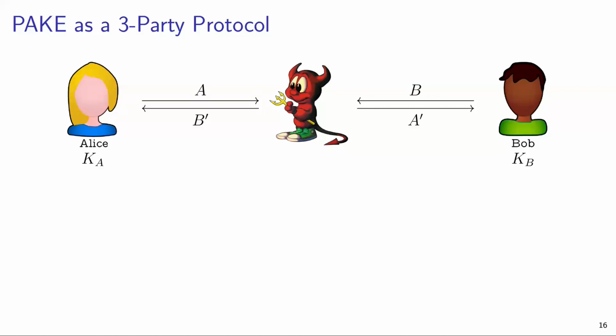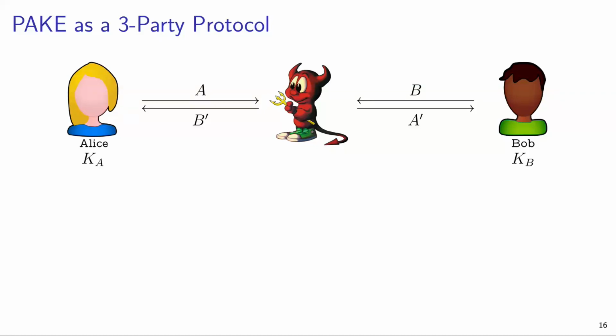So we revisited the unauthenticated channel model that the PAKEs are built in. When Alice and Bob are communicating over an unauthenticated channel, this really means that they're just talking directly to the adversary. It only really functions as a channel if the adversary decides to send the messages back and forth.